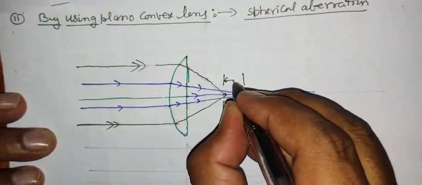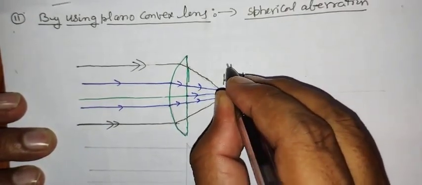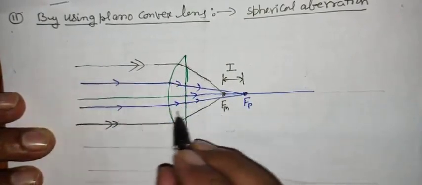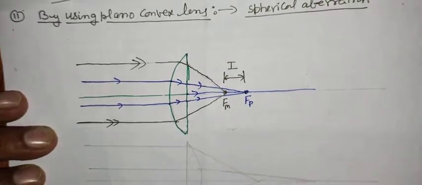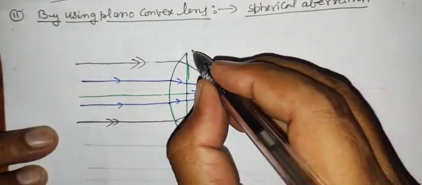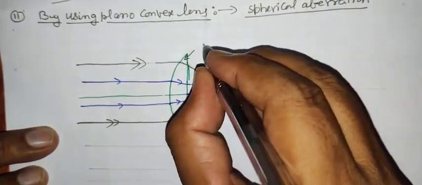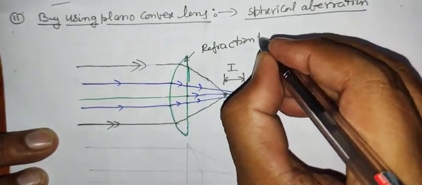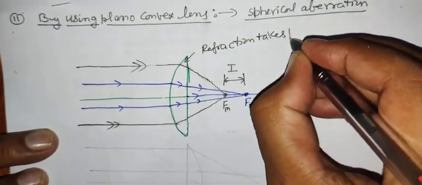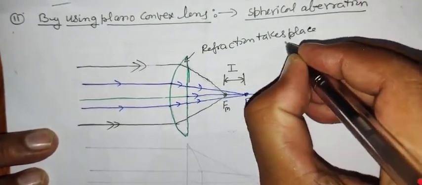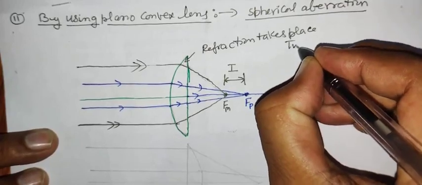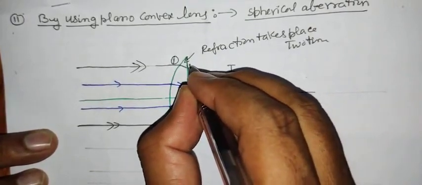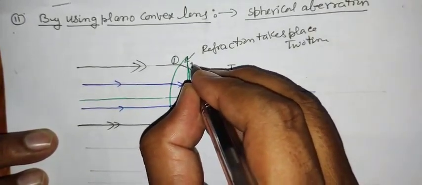This is the abbreviated length of the image. The image is formed from here to here because intermediate rays meet between FM and FP. One thing is common: refraction takes place two times, first from the convex surface, thereafter from the plane surface too.